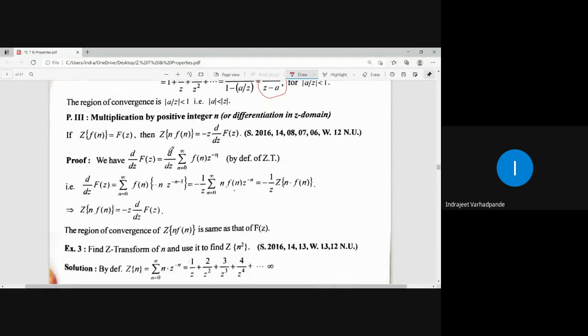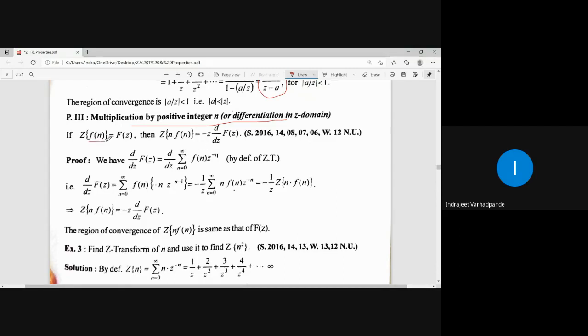Now the next property we are going to see is multiplication by positive integer n, or differentiation in the z domain. Differentiation in the z domain means here the derivative exists on the right hand side. The differential operator exists on the right hand side, and therefore we say that it is the derivative or differentiation in the z domain.